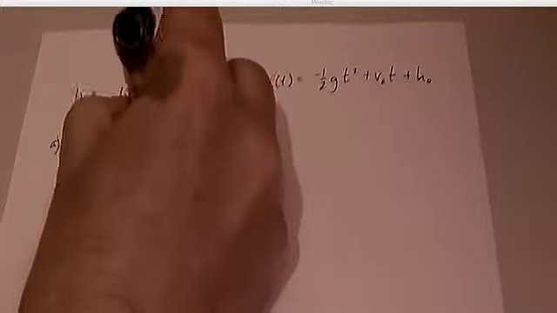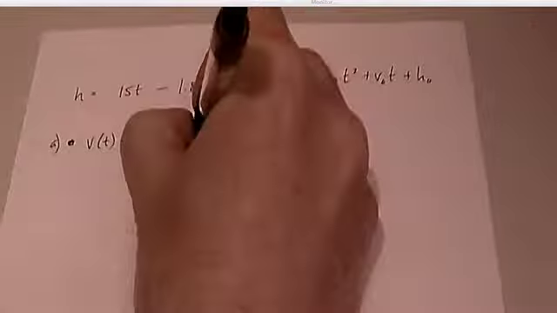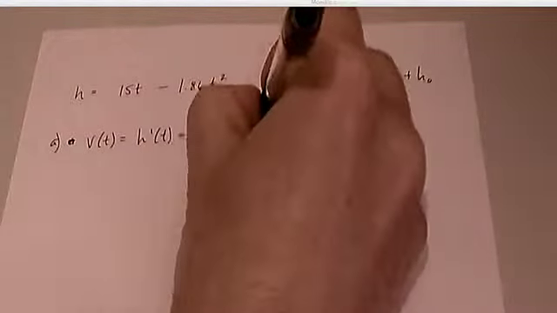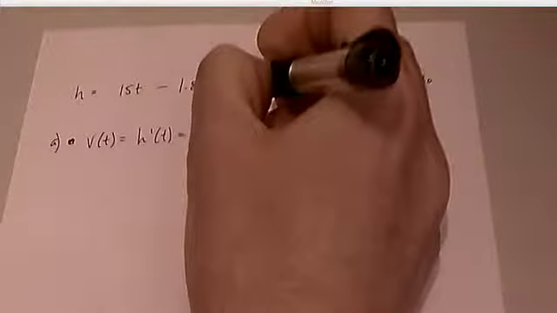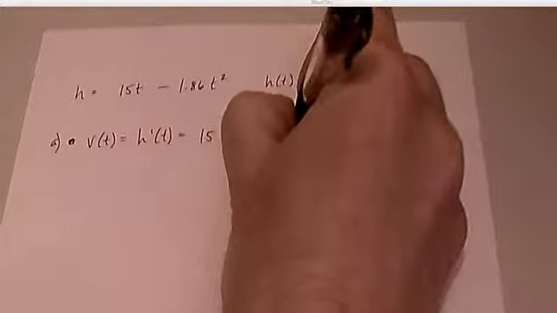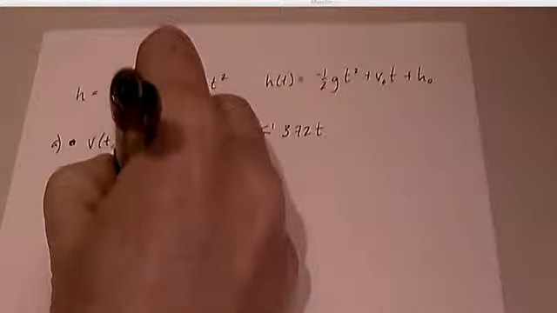Well, the velocity, of course, is going to be the derivative of the position, and I get 15 minus 1.86 times 2, and that would be 3.72 t. Okay, and then I simply need to evaluate it at 2.